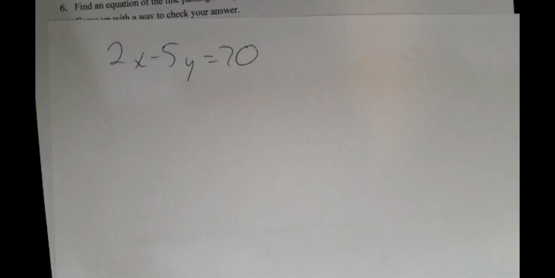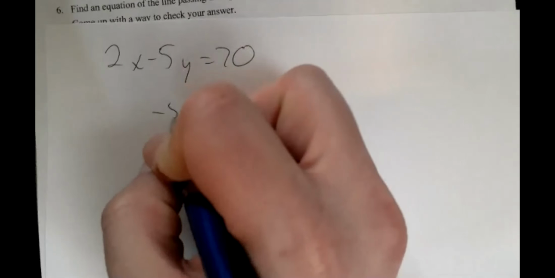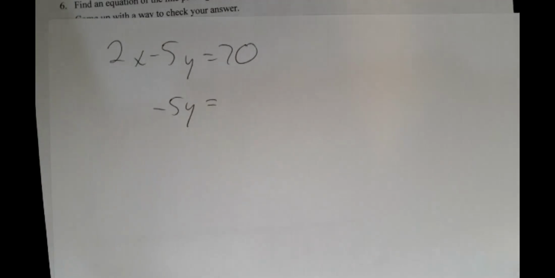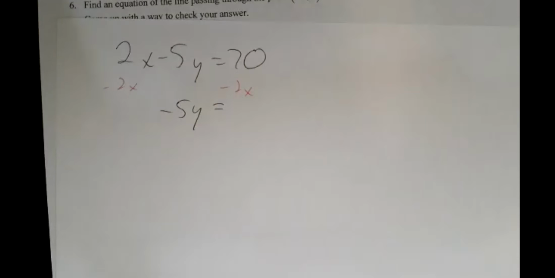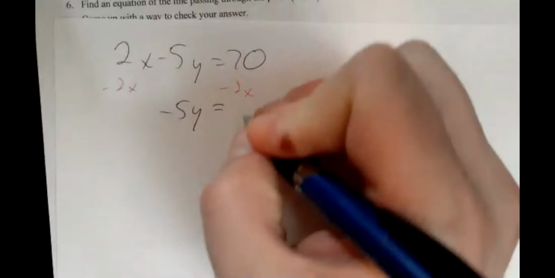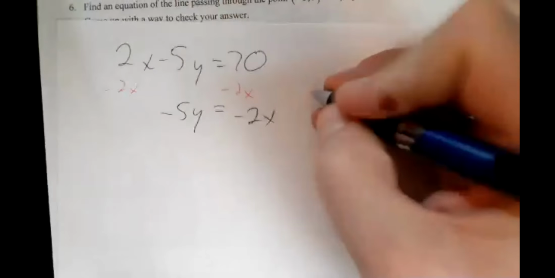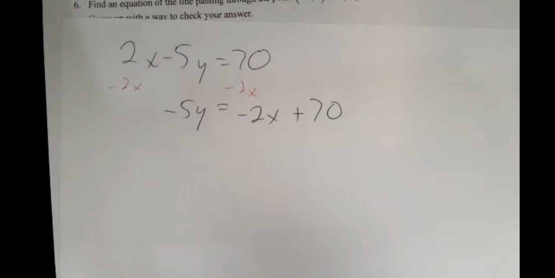So 2x minus 5y equals 70. We want to solve this for y. Minus 5y equals, I'm going to rewrite this, so I'm going to subtract 2x and add 70. The next thing I'm going to do is divide by minus 5.